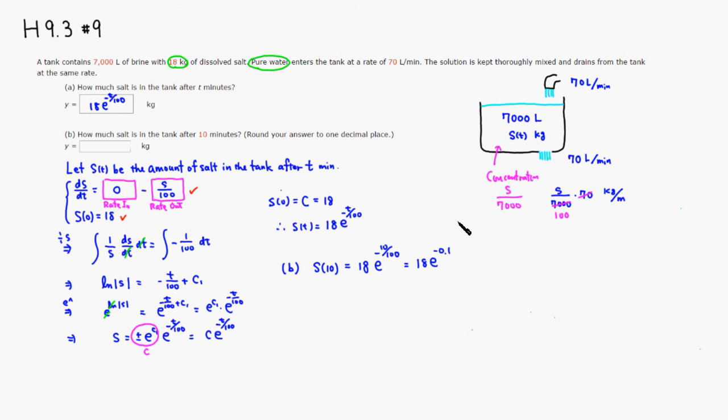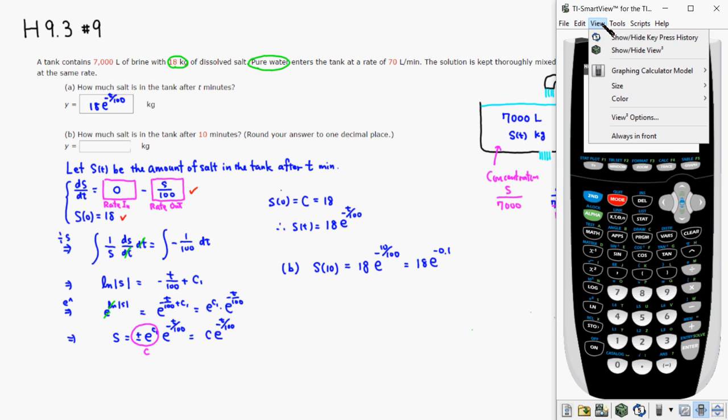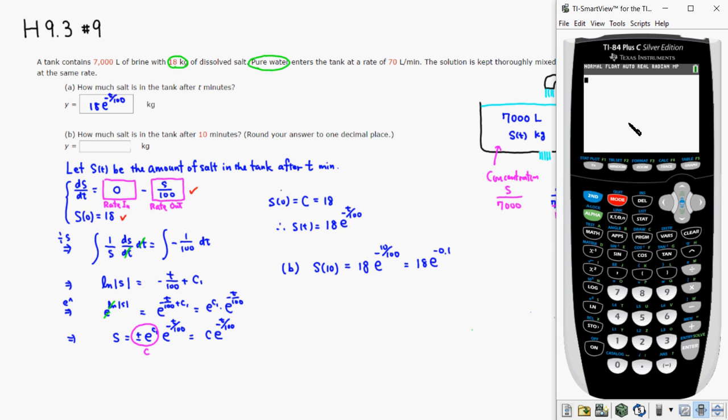So let's see, you want 1 decimal place. I'm going to just open up a calculator. The value we want is 18 times e to the negative 0.1.